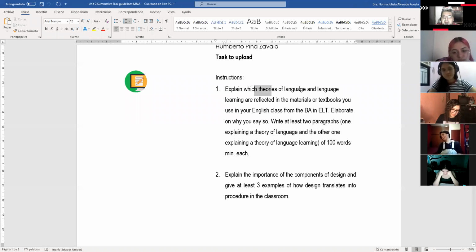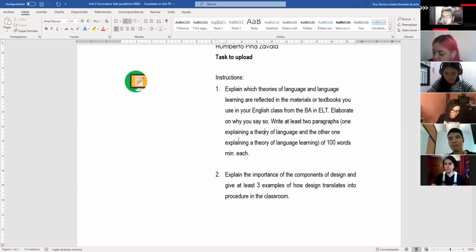So it's explain which theories of language and language learning are reflected in the materials. Which are there? We said behavioristic, cognitivist, constructivist, and all those. Okay. So how are you going to be able to know? Well, you could read the intro.